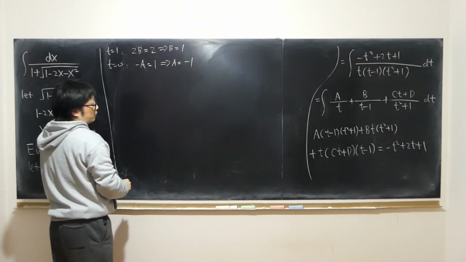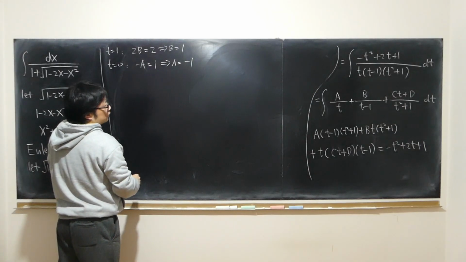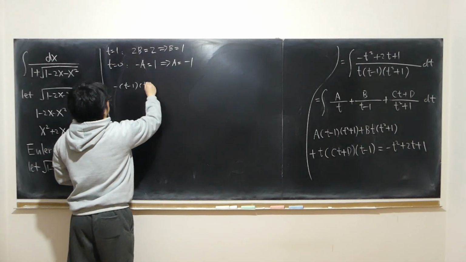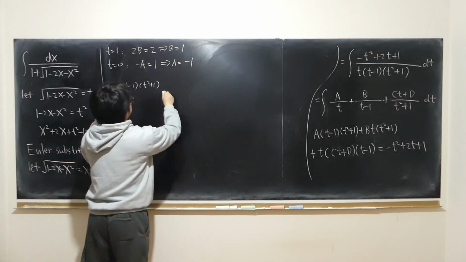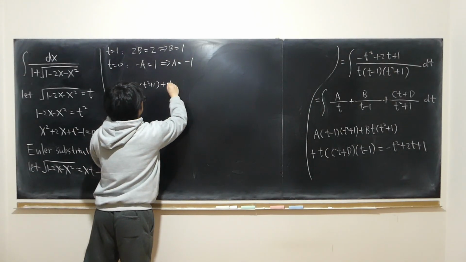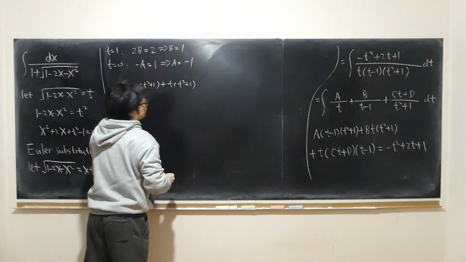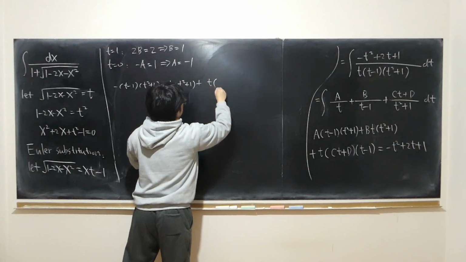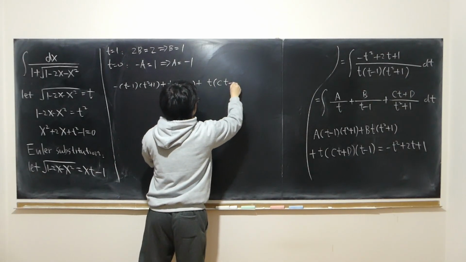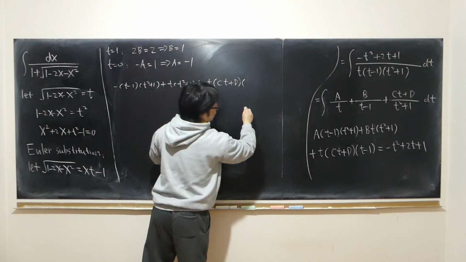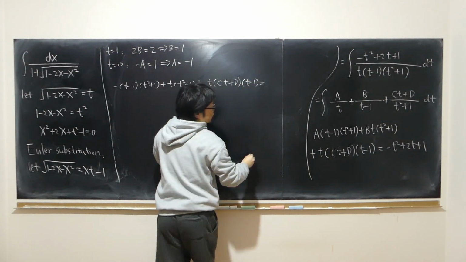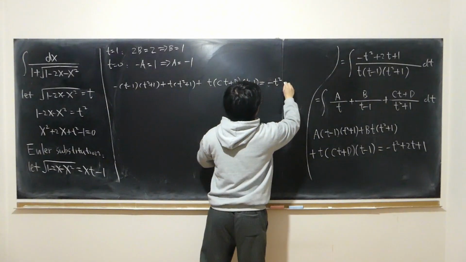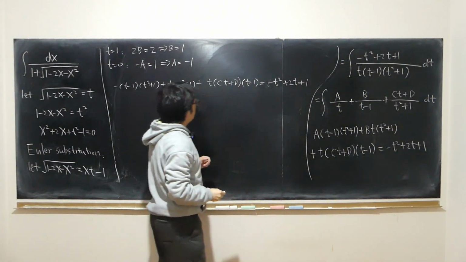So this time my left-hand side will become negative t minus 1 times t squared plus 1, plus t times t squared plus 1, then plus t times ct plus d times t minus 1, equal to negative t squared plus 2t plus 1.